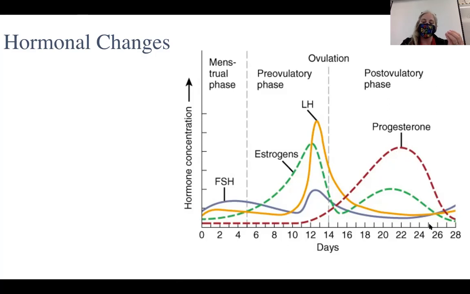And then right around day like 25, 26, your body's like, oh, the egg wasn't fertilized. We're not going to grow an embryo. And so your progesterone levels are falling, your estrogen levels are falling, your FSH is low, your LH is low, everything's low. And that's typically right before you start your period again.